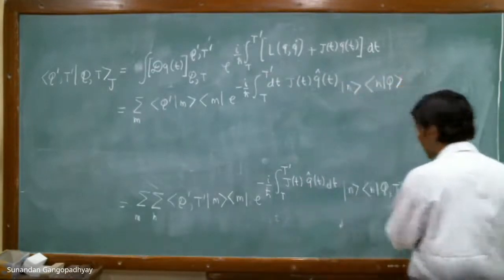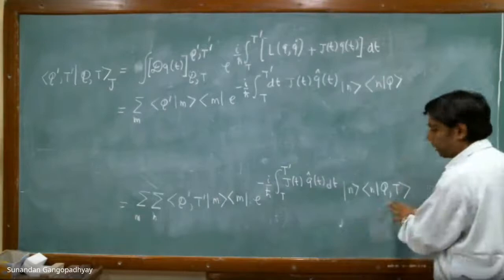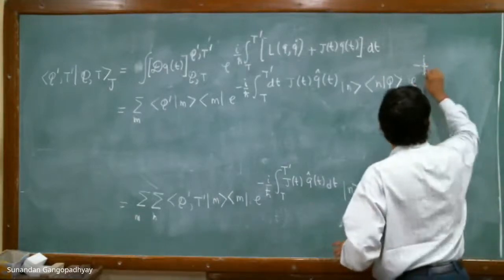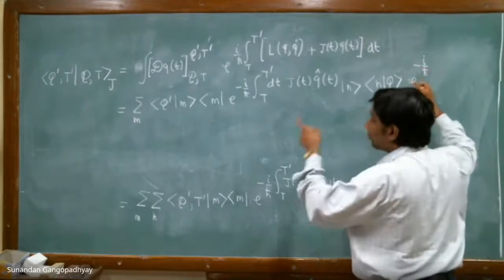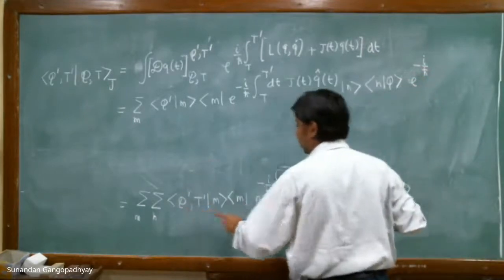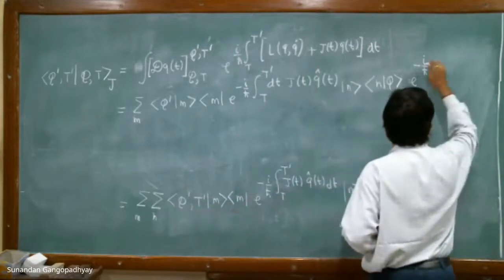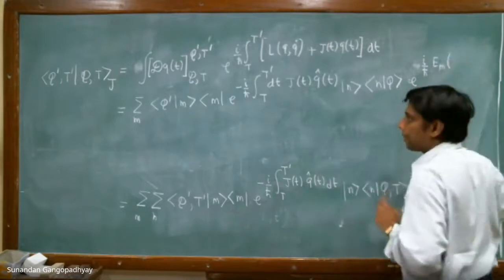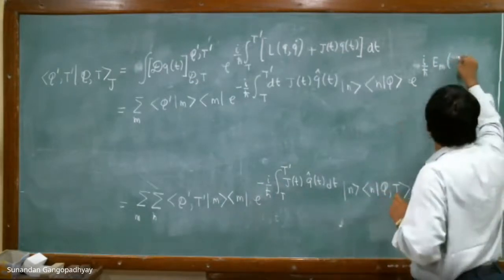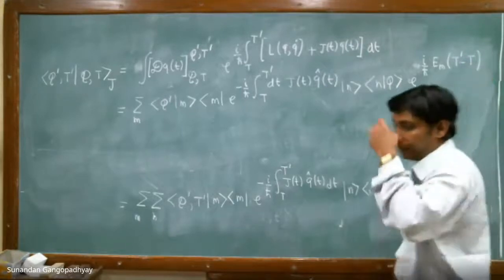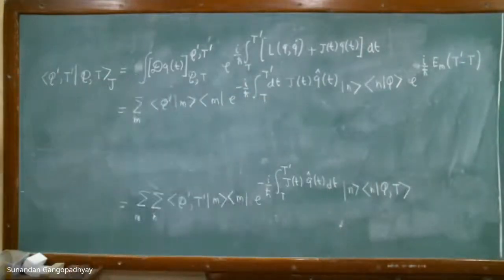Here also we do the same manipulation, going from the Heisenberg representation to the Schrodinger representation, and that will give us the eigenvalues. The eigenvalues will be, here it will be plus, so it will be En, Q1 minus capital T.